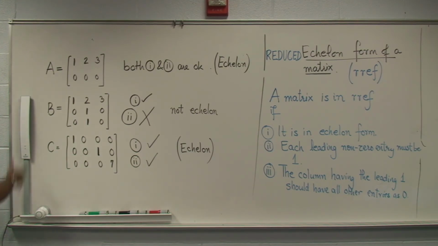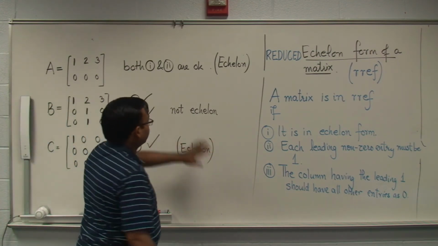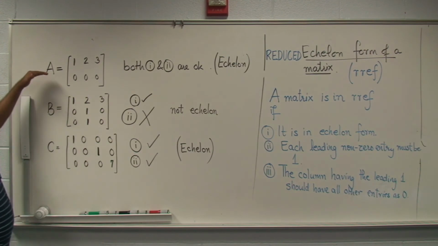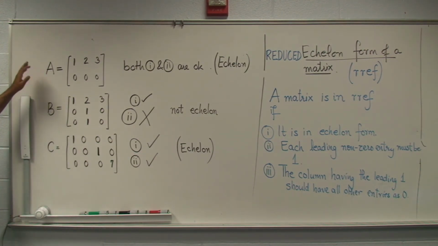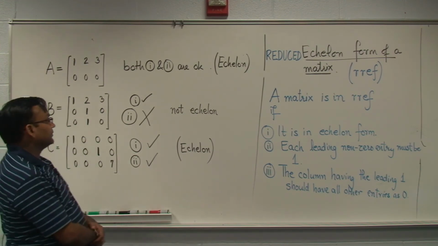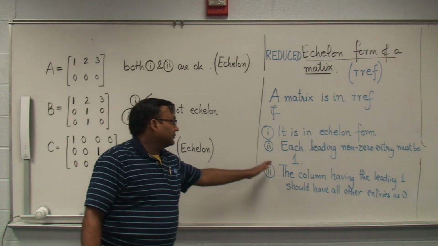So let us try to see in our example which one of these could be in its reduced row echelon form. Well, the first thing is it should be in echelon form. So one thing is clear, that if at all any of them is in the row reduced form, it could be only A and C, because B is not even in echelon form, so definitely it can't be in row reduced echelon form. So let's come back and see, what about A?